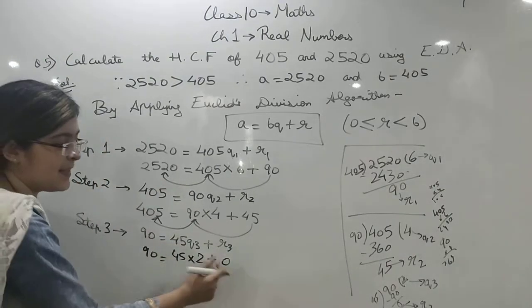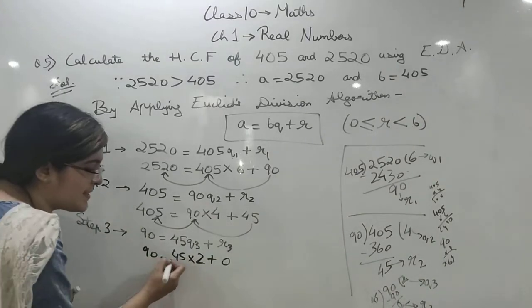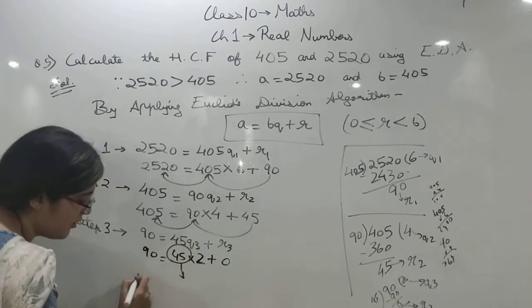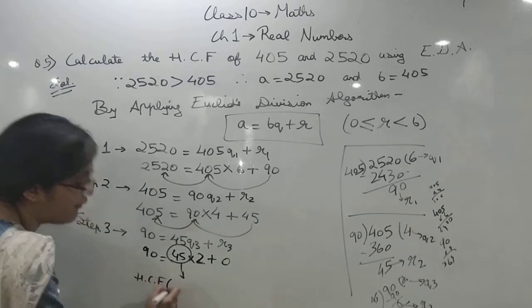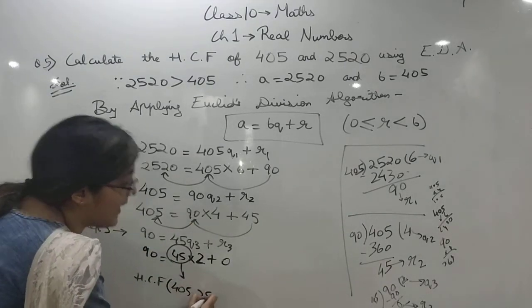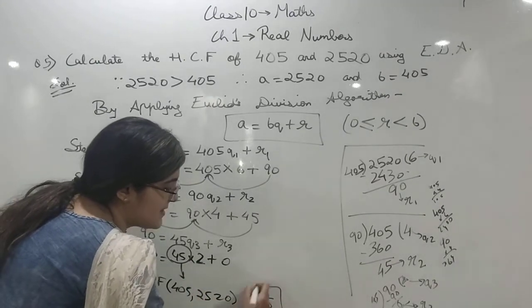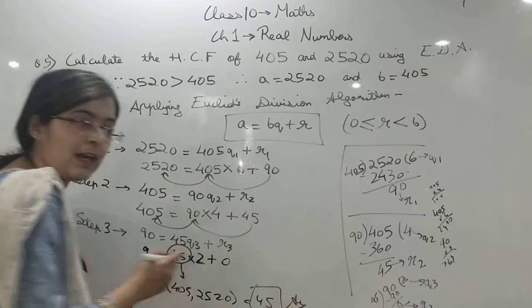Now the remainder 0 came, so we will stop the process. What will be our HCF? This. The HCF of 405 and 2520 is 45. Answer.